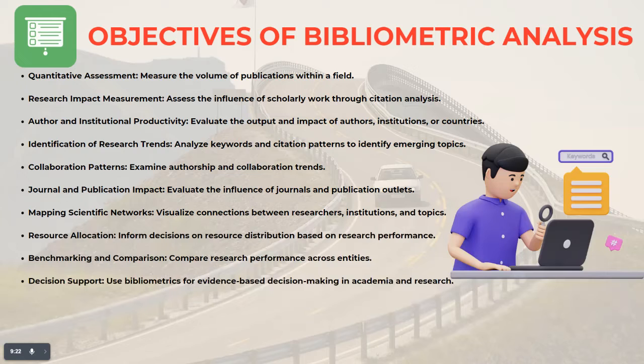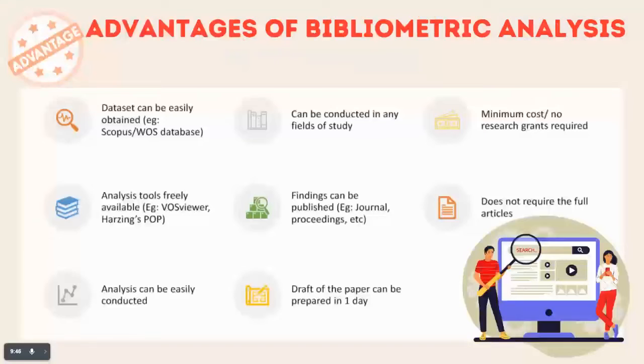So all those things, if you are a beginner level researcher, should be your first job when you start your research career. You should understand all those things. So that's why these are the objectives of bibliometric analysis, and that's why we do bibliometric analysis.